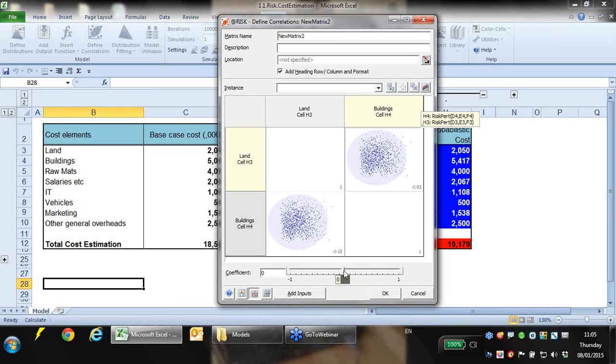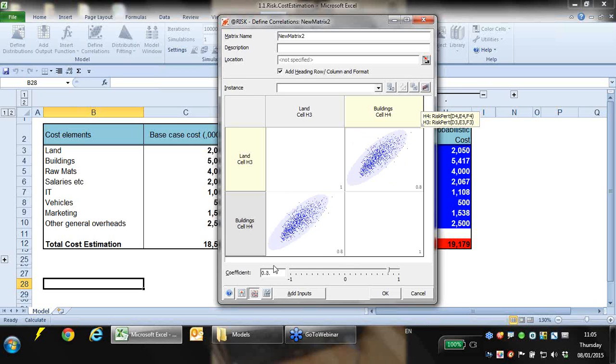Often what a lot of companies do is have bands. So rather than needing to get too concerned whether it's 0.5 or 0.52 correlation coefficient, lots of companies just break things down and say, okay, whereabouts are we? So 0 is no correlation, 0.2 is a mild correlation, 0.4 is a medium one, 0.6 is a strong one, 0.8 is a very strong correlation, and so on.